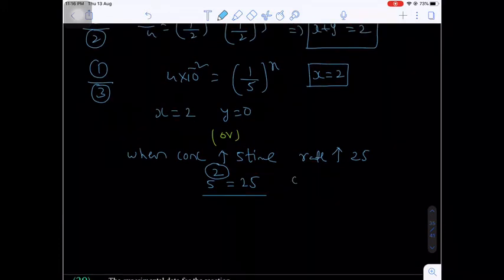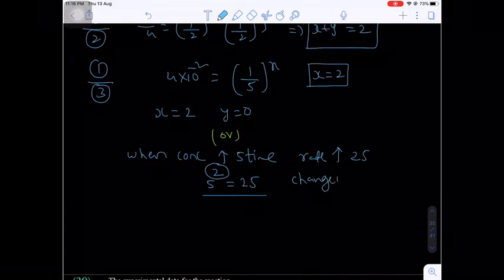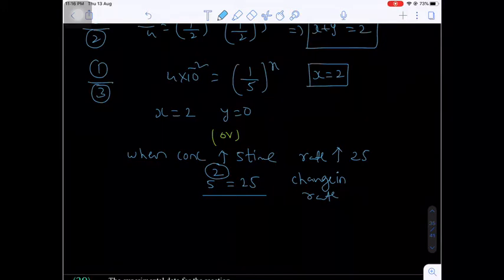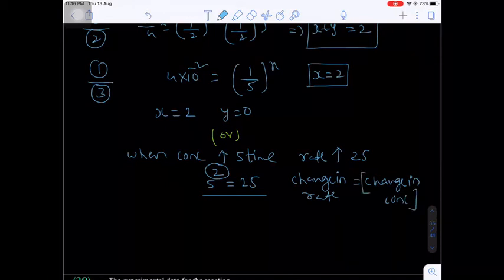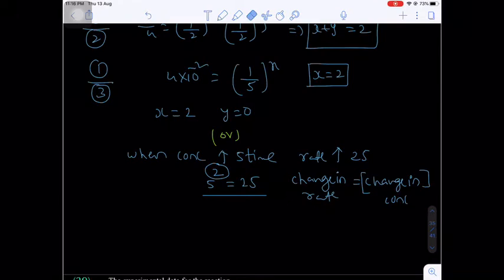Now, the change in rate is directly proportional to, or equal to, the change in concentration to the power of the order.